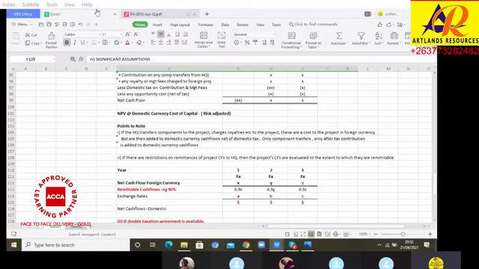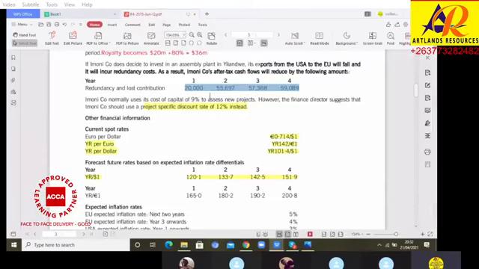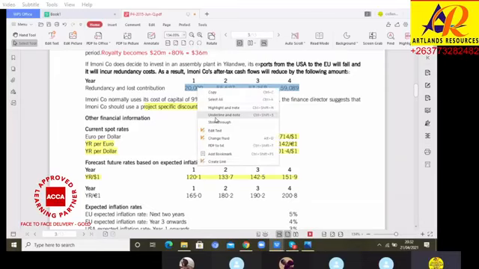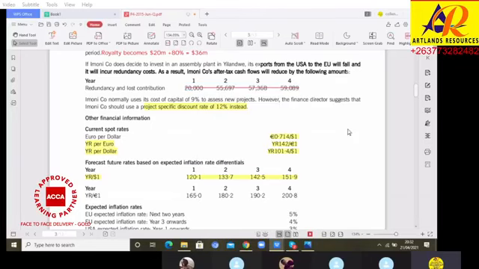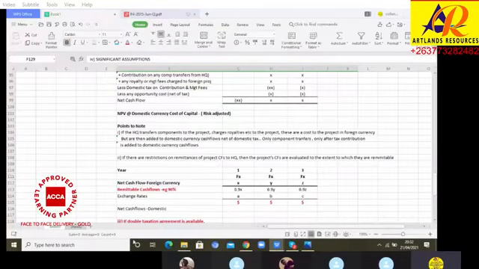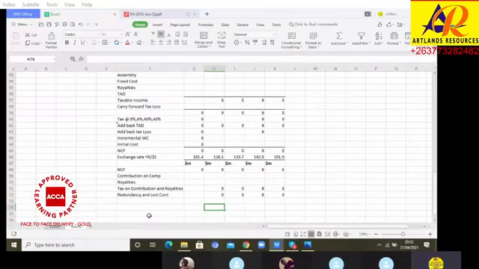But in our case, the lost contribution is in thousands and our cash flows are in millions. So what it means is these ones become 0, 0, 0, 0, 0. All right.